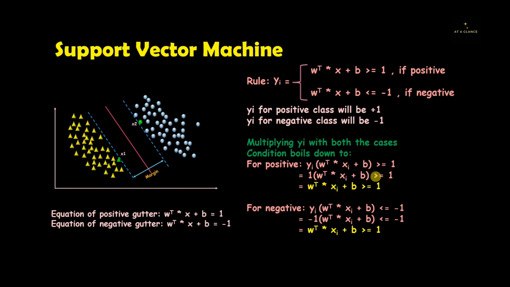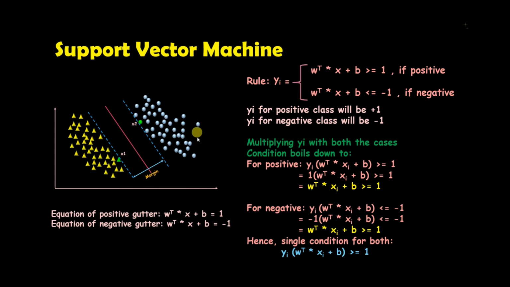If you carefully observe, for both the cases we are getting the same equation. So you can now say that these two conditions of y of i will boil down to a single condition, that is y of i multiplied by the expression will always be greater than or equal to 1, provided that the data point is lying on either side of the gutters.